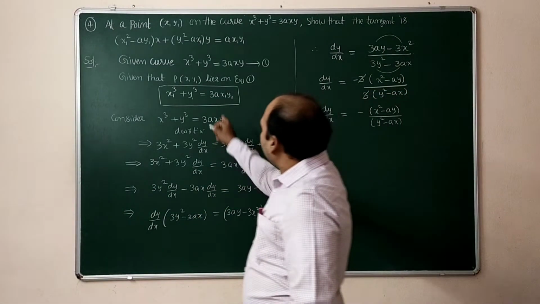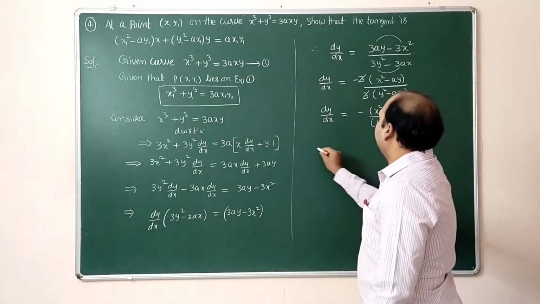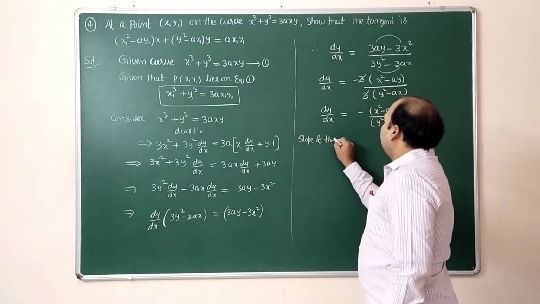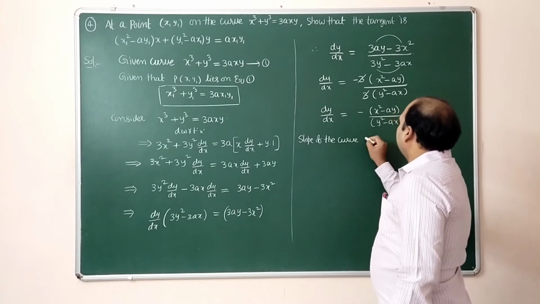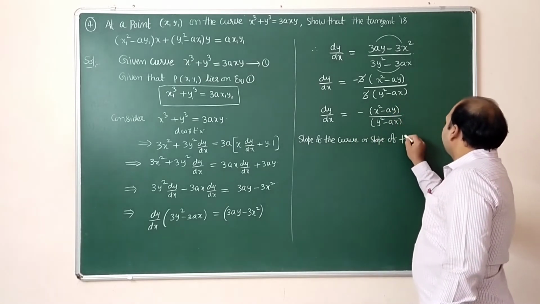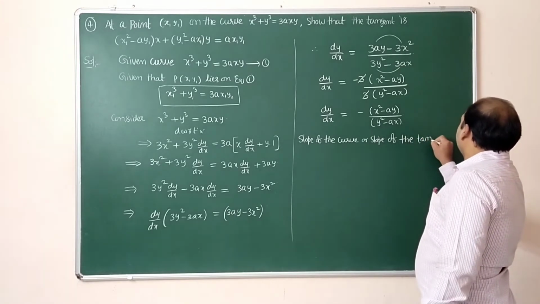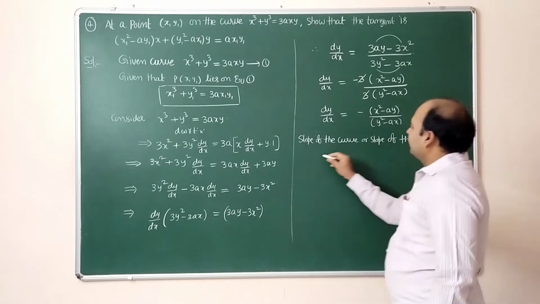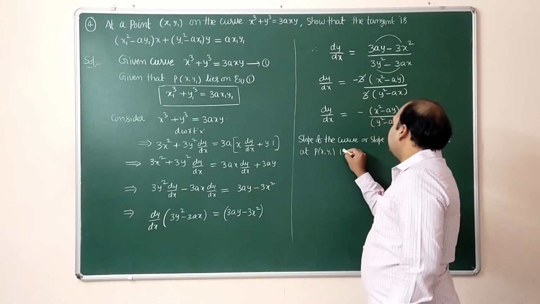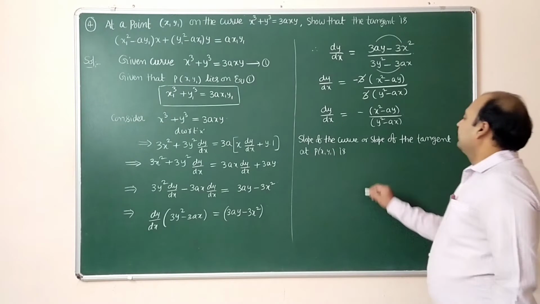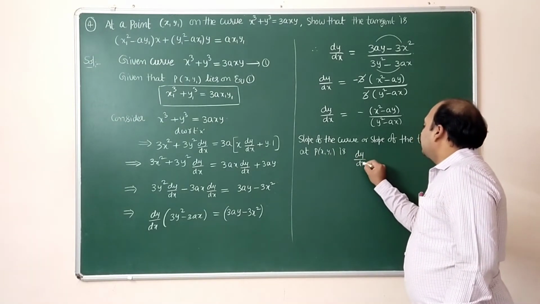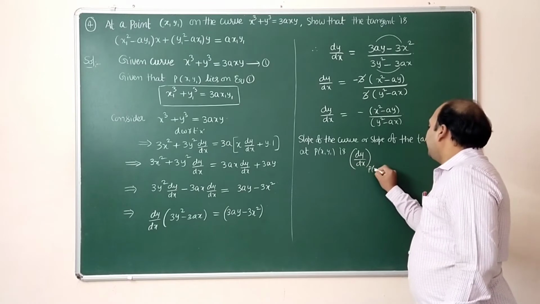Slope of the curve at what point can you calculate? At (x1, y1). Slope of the tangent, or slope of the curve at P of (x1, y1), is dy by dx at P of (x1, y1).